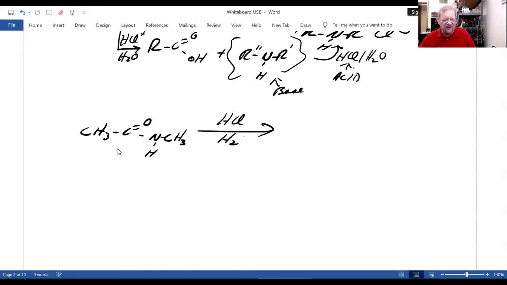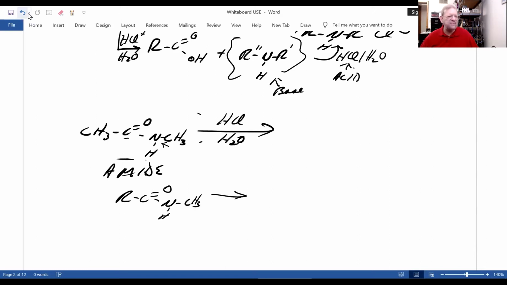And sometimes I'll write it this way. You'll see me, when I have things above and below the arrow with no numbers, that means react this with the stuff above and below the arrow. And this is acid hydrolysis of an amide. This is an amide: a carbonyl with a nitrogen attached to that carbonyl.